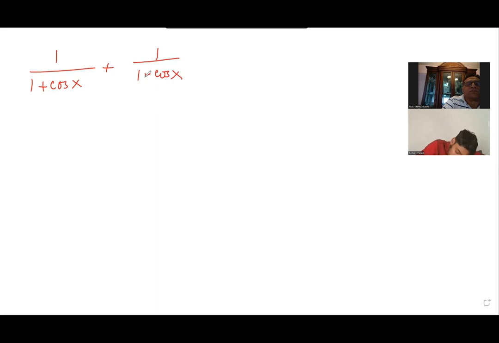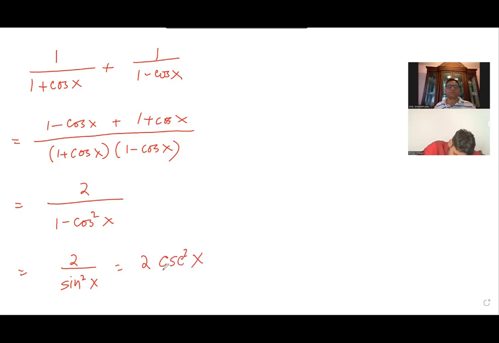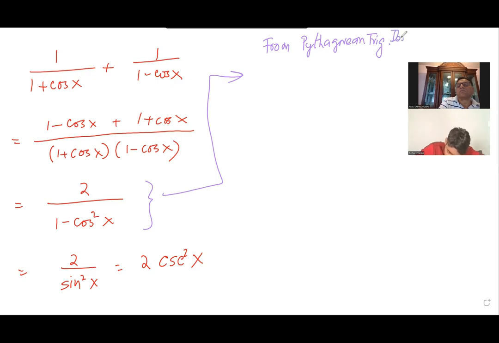What is this equal to? 1 minus cos of x plus 1 plus cos of x, over 1 plus cos of x multiplied by 1 minus cos of x, where you would get 2 over 1 minus cos squared x, which would just be 2 over sine square x.